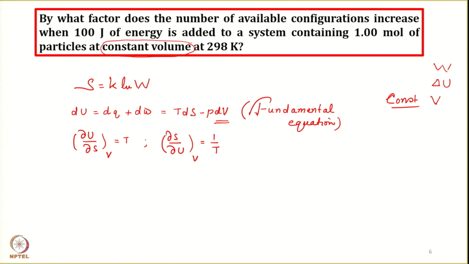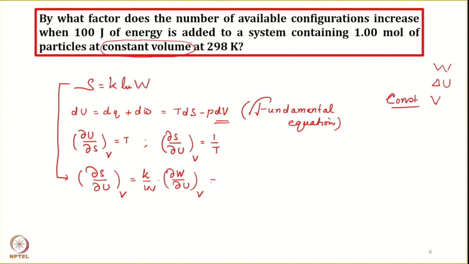So let us now work on this equation, and let's write del S del U at constant volume, which is what I am interested in. It will be K by W and del W by del U at constant volume.